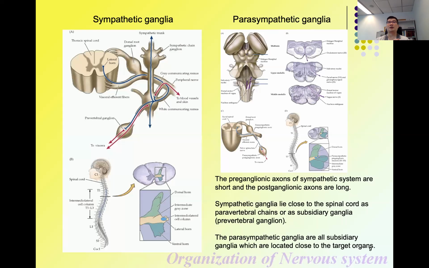So do you know why they call it the autonomic nervous system? These two systems are not controlled by the brain. Actually, that is not quite right.